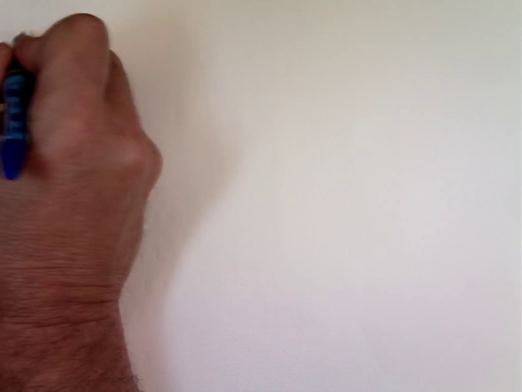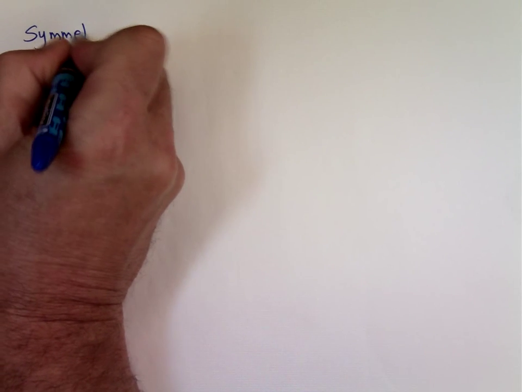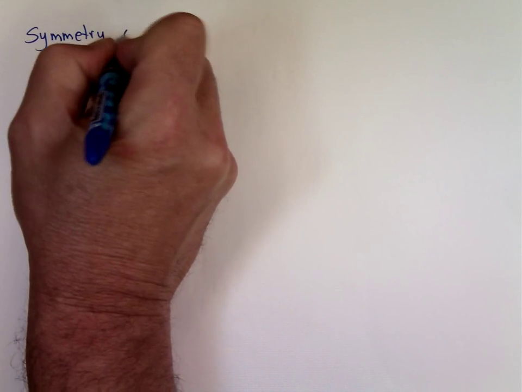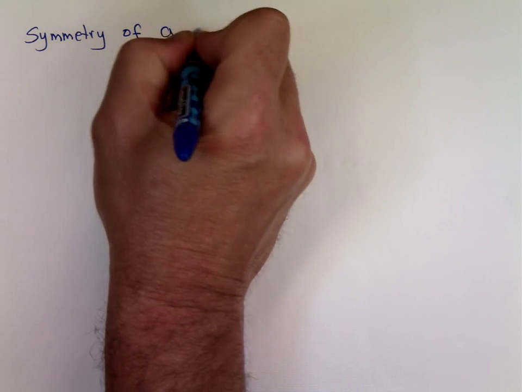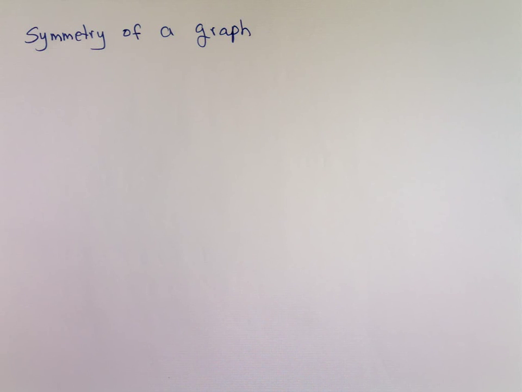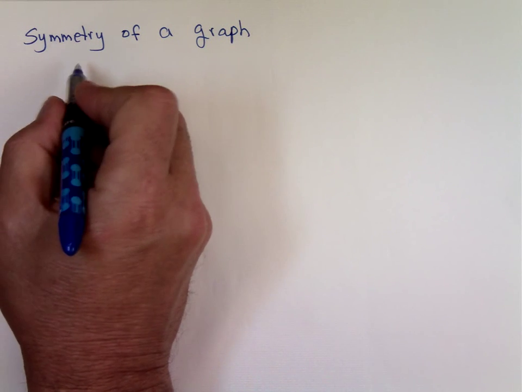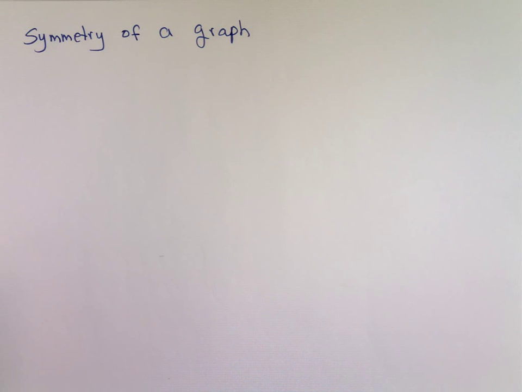So, symmetry of a graph. Let's talk about 3 types of symmetry.